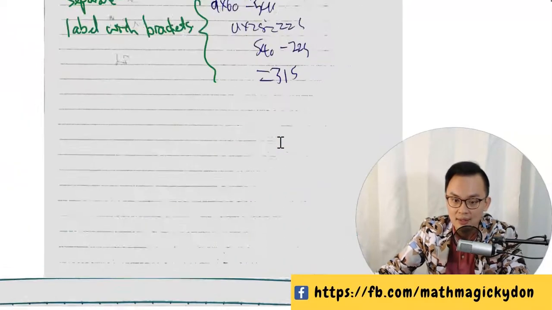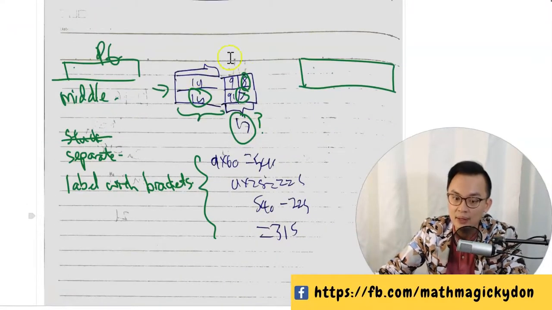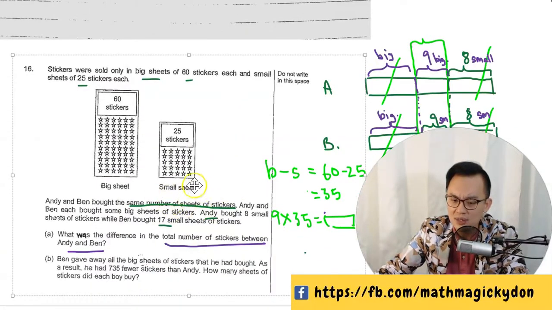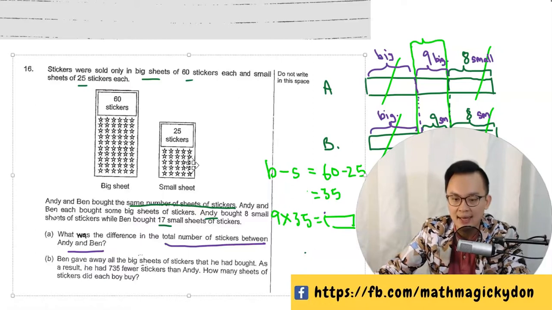So they need a bit more help. Need to combine them together, one unit, and yeah. So it's really just going step by step, one line at a time, going through the questions, making sure that you can solve it.